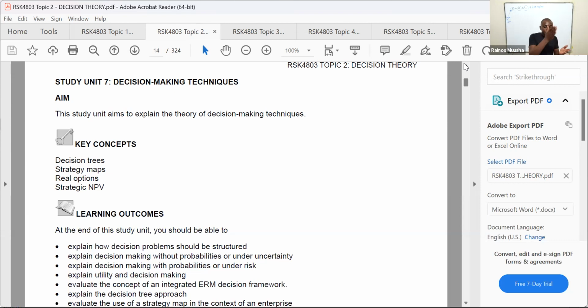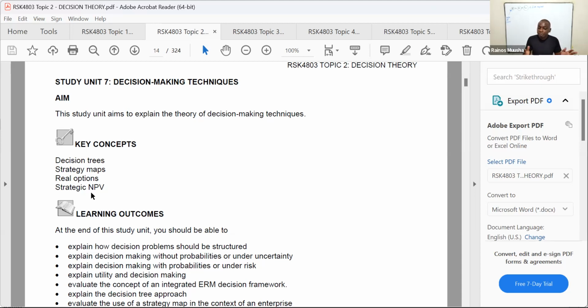So how do you ensure that whatever decision you make, your benefits are going to be more than your costs? This is where we look at the strategic net present value assessment, where you ask how we ensure that the present value of my benefits before I make a decision is greater than the present value of my costs.